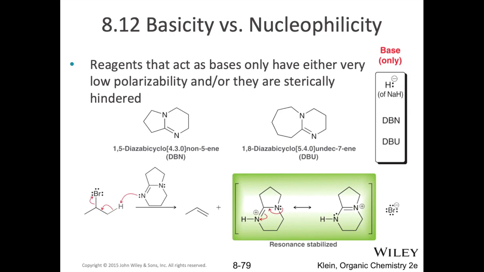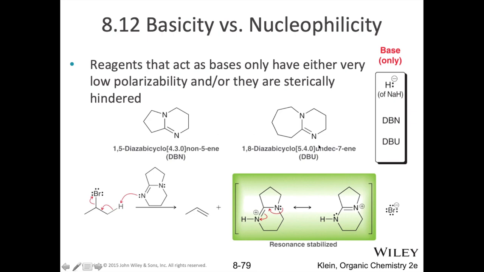The other examples you might notice are very bulky. I mentioned earlier that bulky molecules don't make good nucleophiles. It's very hard for their electronegative atoms, or negatively charged atoms if they have them, to access your alpha carbon because of that steric hindrance. You noticed DBN and DBU were acronyms listed on the previous slide as bases only.